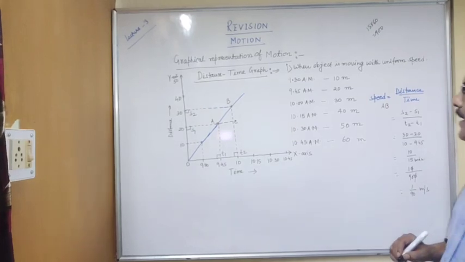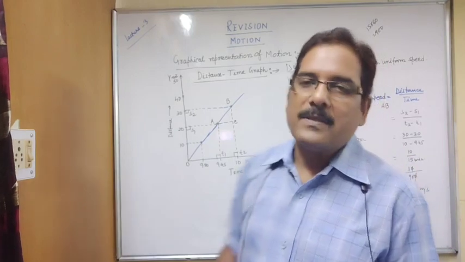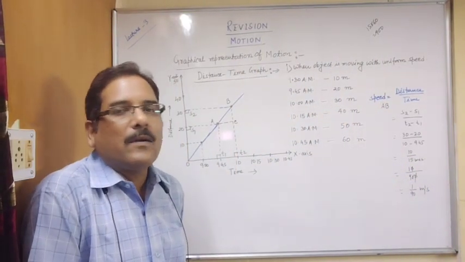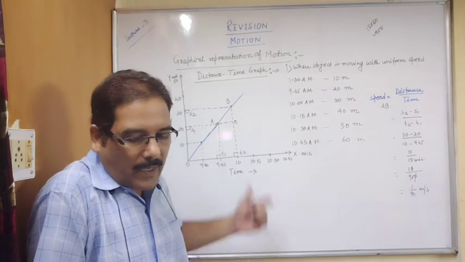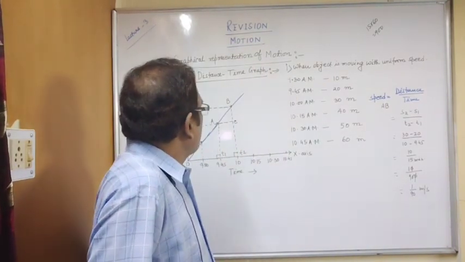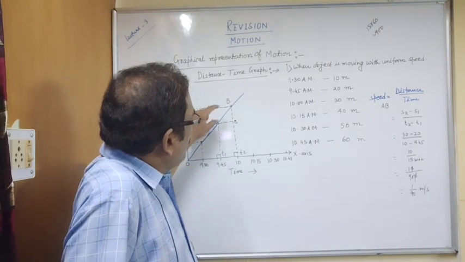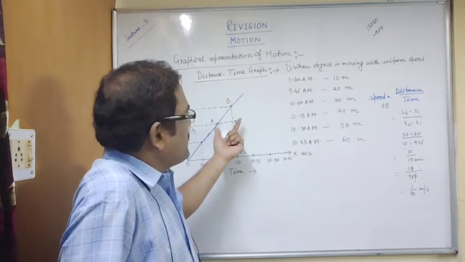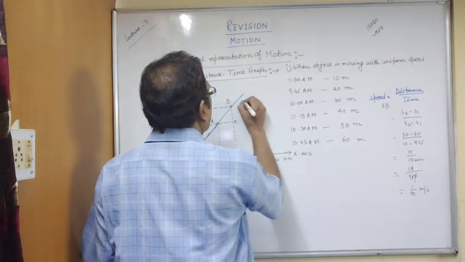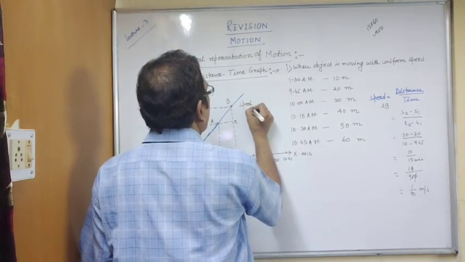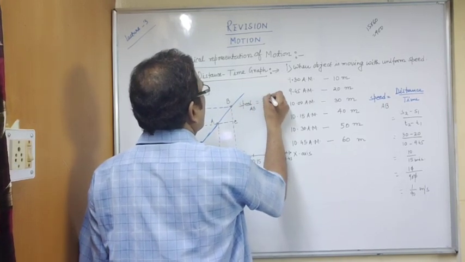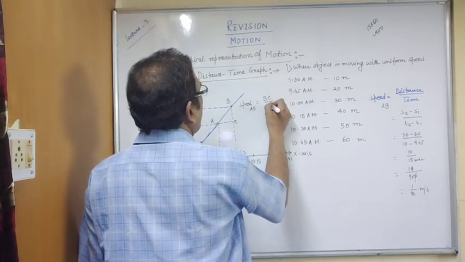So in this way, with the help of this graph, you can calculate the speed of an object in a particular time interval, isn't it? So speed is equal to actually BC by AC. If you have to calculate speed between points A and B, it will be equal to BC by AC.